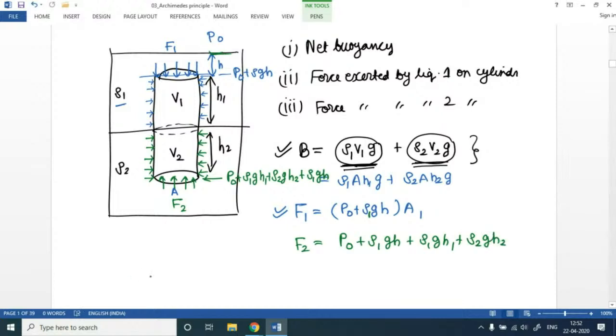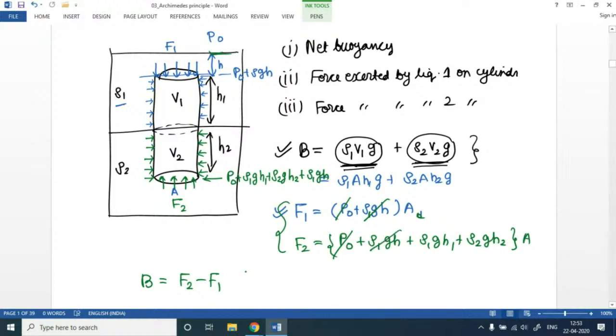So the net force, with the help of these two equations, B will be equal to the net vertically upward force, F2 minus F1, multiplied by A. This term over here gets cancelled with this, and this term gets cancelled with this term.